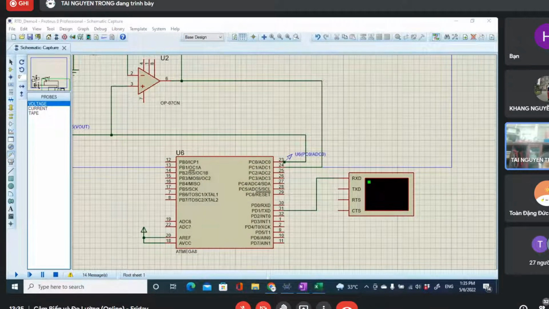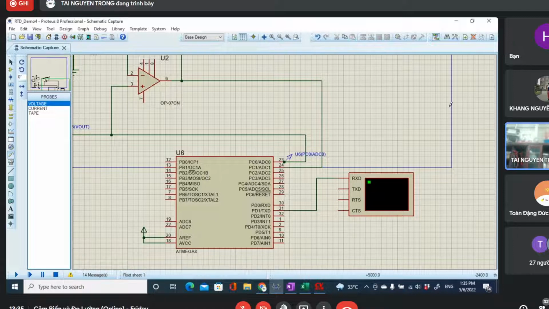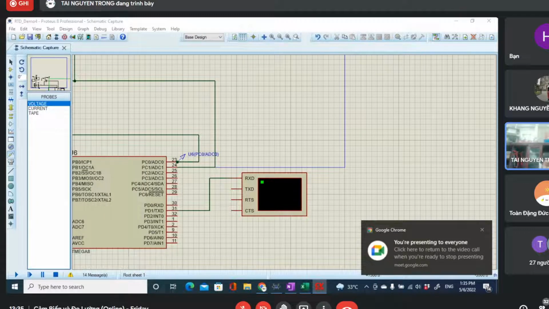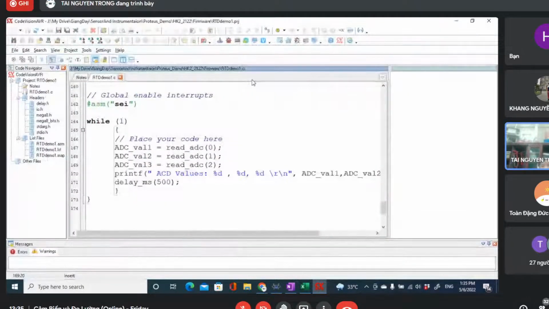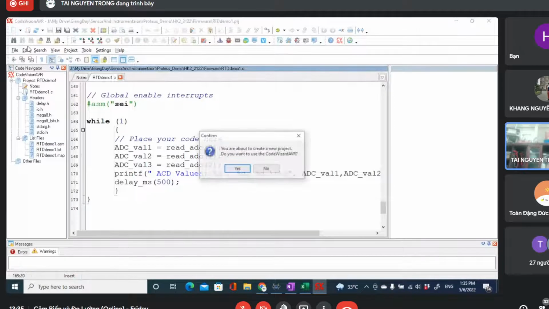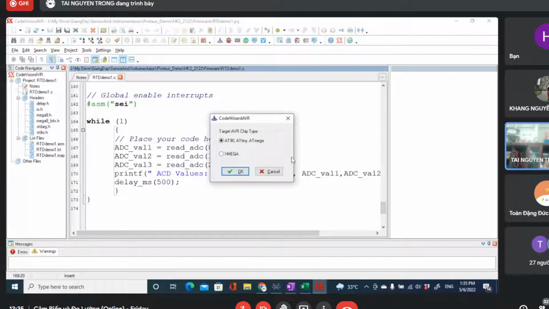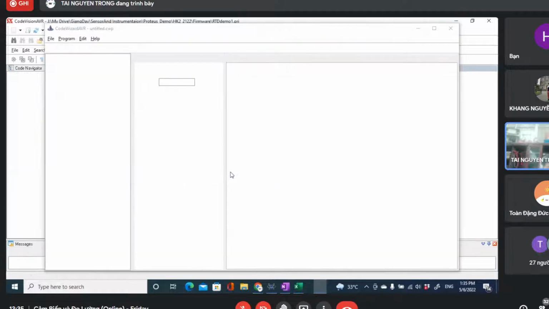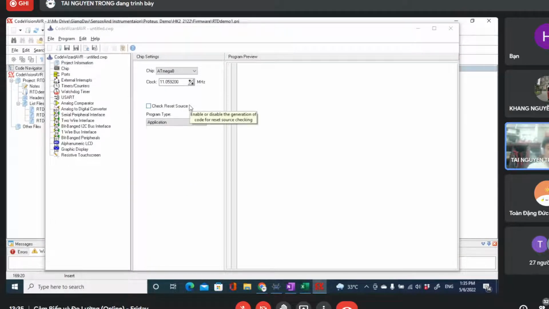Then reopen CodeVision AVR, and we create a new project using ATmega. Almost the same as last week.